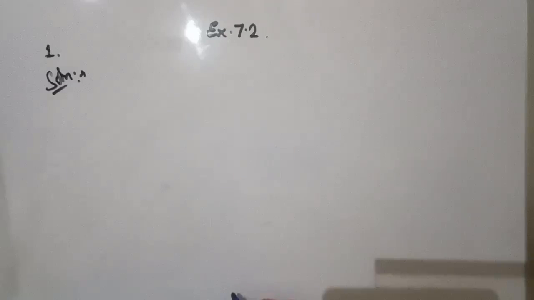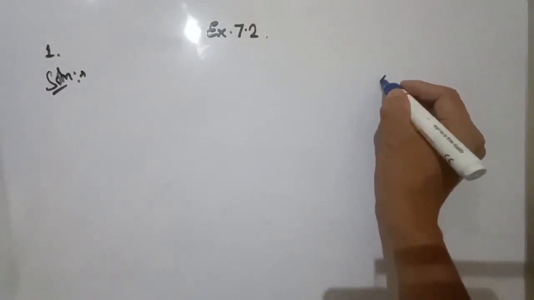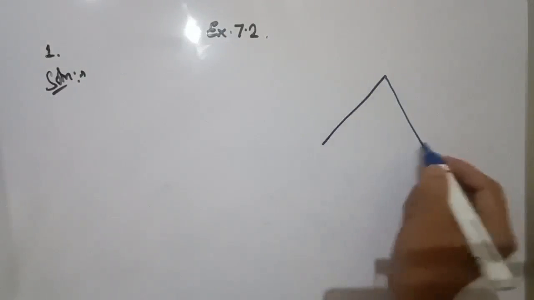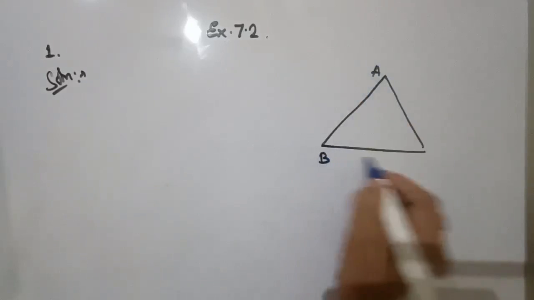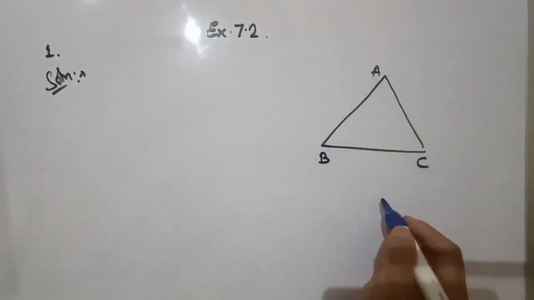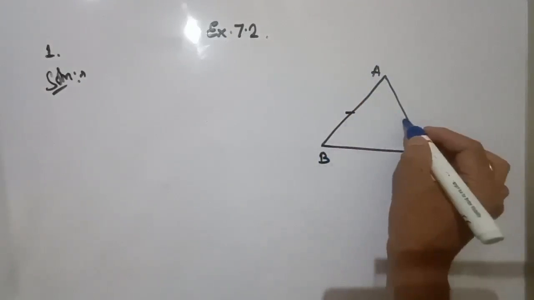In the question, it is given that triangle ABC is an isosceles triangle in which AB is equal to AC.